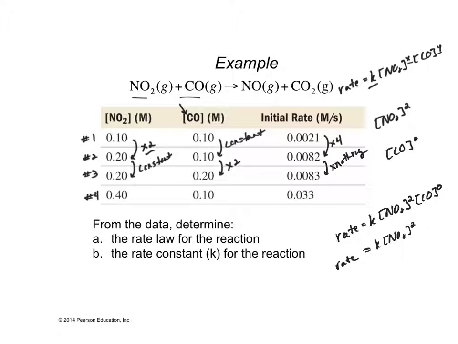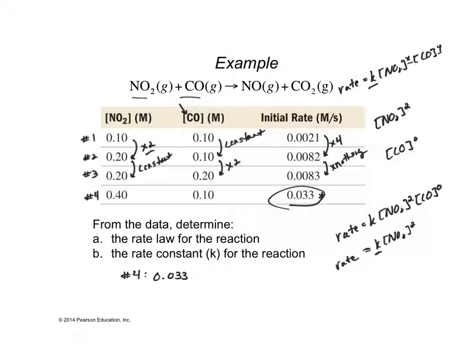So note what I know now, right? I have a bunch of experiments where I've measured rate, I've measured the concentration of things, and I also now know the order, right? So to figure out what k is, all I'm going to do is pick an experiment, okay? It can be 1, it can be 2, it can be 3. I almost always pick number 4, just because it's the closest to where I am. I plug in the values for all of those various things, and I solve for k, okay? So when I do that, my rate for number 4 is going to be 0.033.